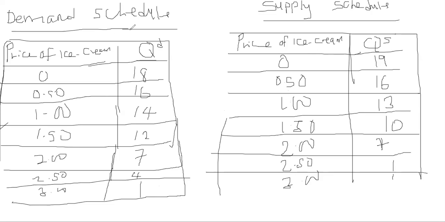All right. So let's erase this. We make it as practical as possible. All right. So here the price is increasing. So we can have 18.